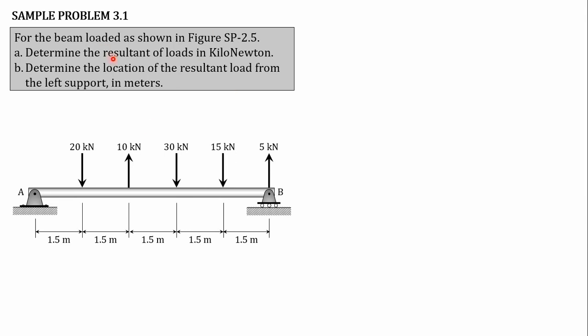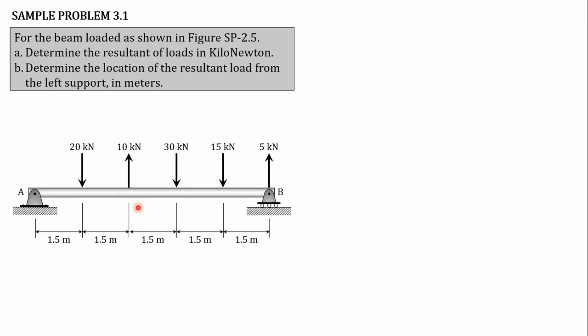For the beam loaded as shown in figure SP 2.5, determine (A) the resultant of the loads in kilonewtons, and (B) the location of the resultant load from the left support in meters. So what is being asked here, class, is the resultant force of all these forces and its location from point A. Remember, when we get the resultant force of a force system, we focus only on the loading, because we are not yet in equilibrium.